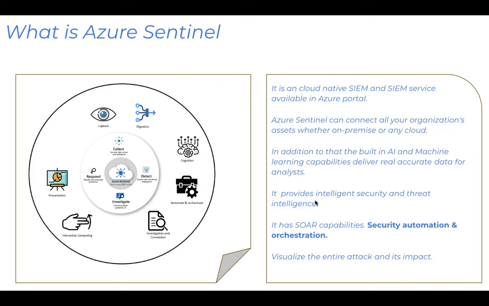The other is that it provides intelligent security and threat intelligence. We already know that Microsoft has invested around 1 billion into cybersecurity. More than 3,000 experts are working and getting information from diverse applications, or you can say signals, like Xbox applications used in Microsoft.